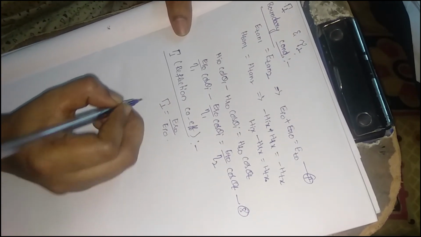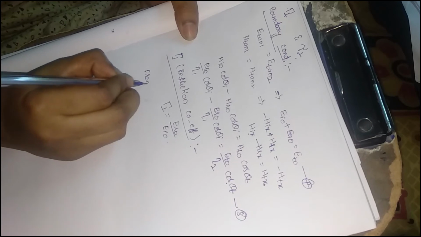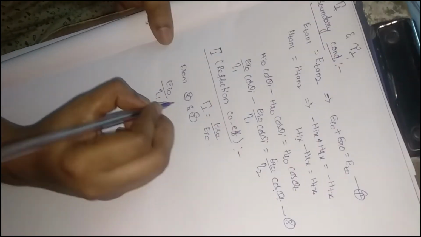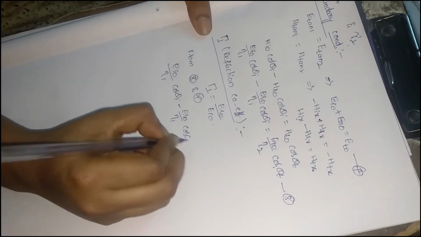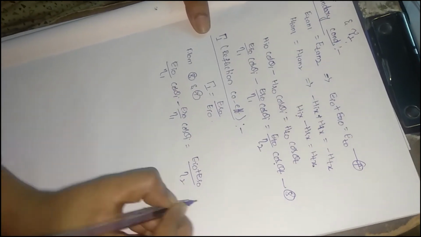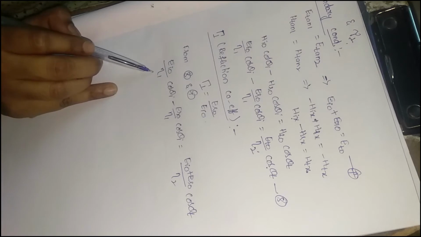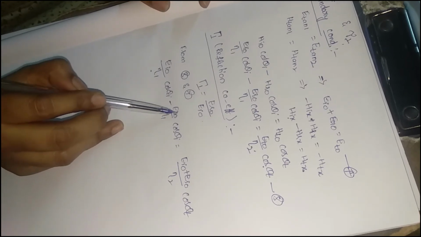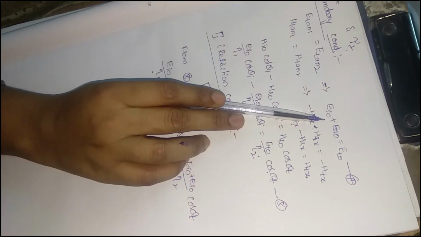So from equation number 8 and 7, from these two expressions, it will become EI naught divided by eta 1 cos theta I minus ER naught divided by eta 1 cos theta I is equal to ET naught, which will be expanded as EI naught plus ER naught.